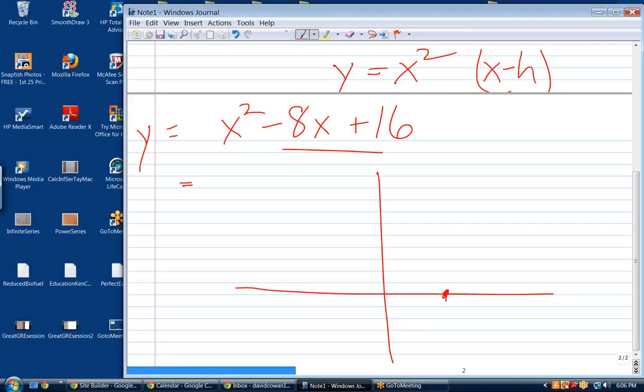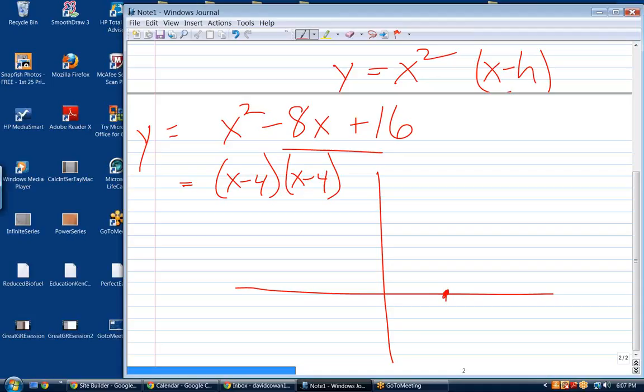Normally we would have 2 x-intercepts, but in this case we don't, because this actually factors, and it's x minus 4 times x minus 4, so we only have 1 x-intercept, and that's at 4. So what other point would be a good point to graph? Usually x-intercepts and the vertex will give you everything that defines that parabola. In this case, we need 1 more point. Probably just the point 1, 1.